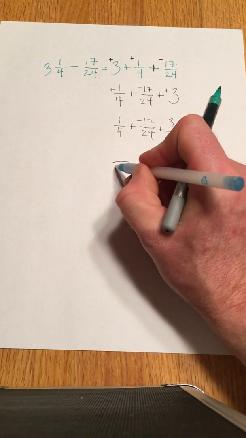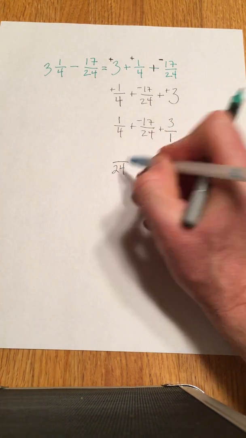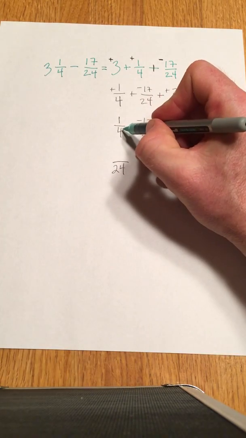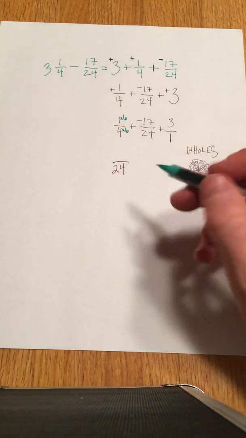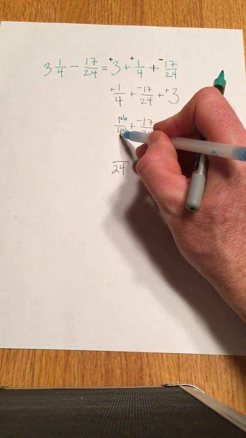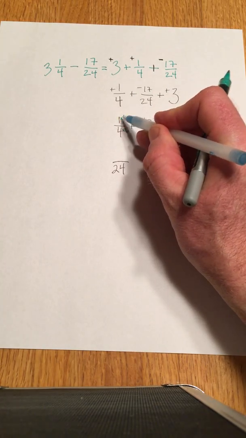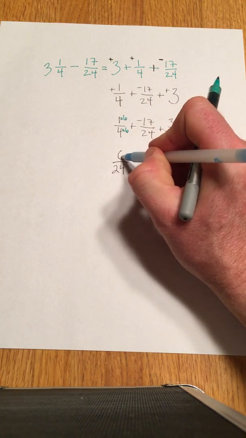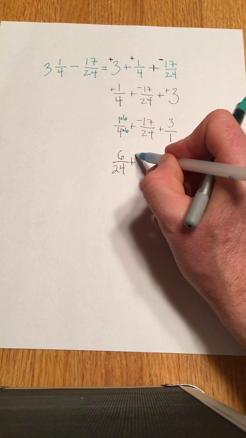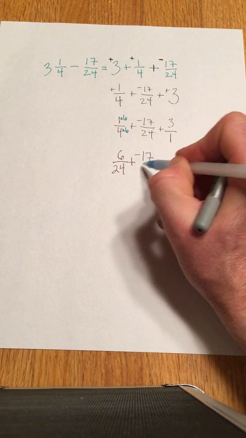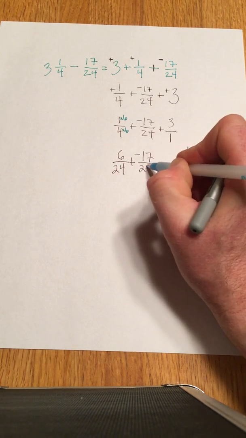If I'm going to multiply the 4 times 6, whatever I do to the bottom, I have to do to the top. So if I turn the 4 into a 24, I have to multiply the 1 times the 6, and that's going to be 6. So now I have the first two terms with denominators of 24. That's good.